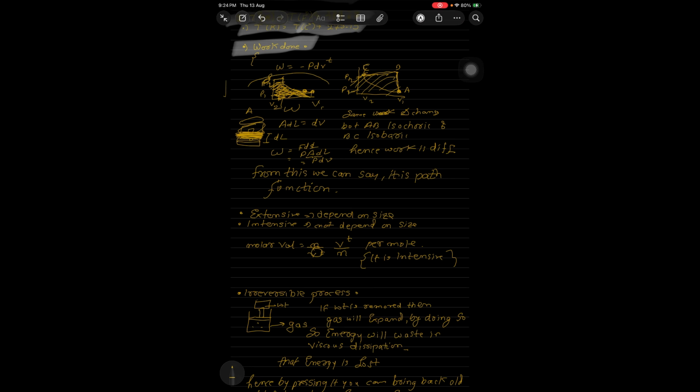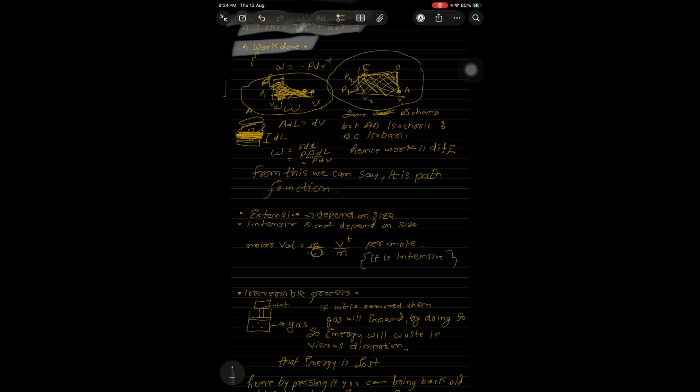In this graph the initial and final states are the same, and in the other graph the initial and final states are the same, but the work done is different. The amount of work done in the first graph is lesser and in the second graph is more, because we have gone through another path.